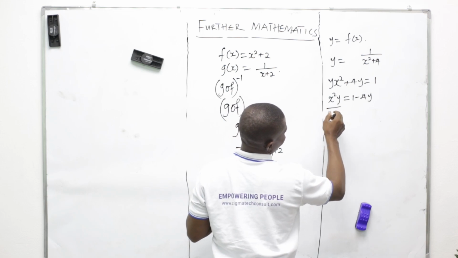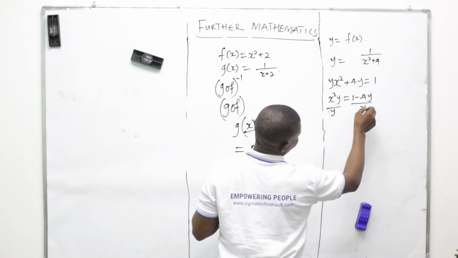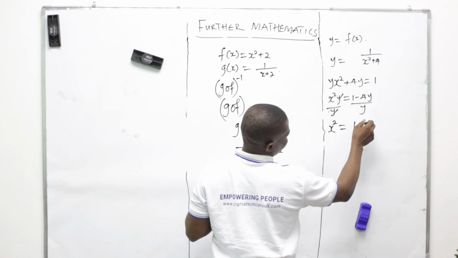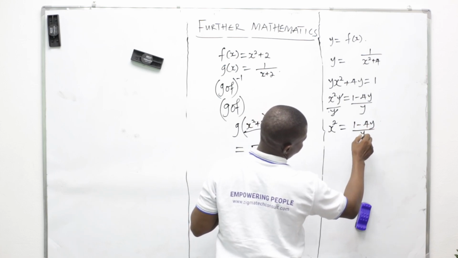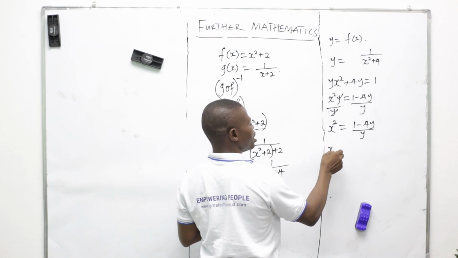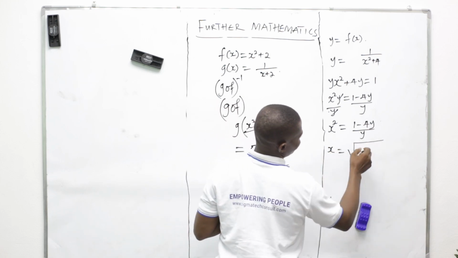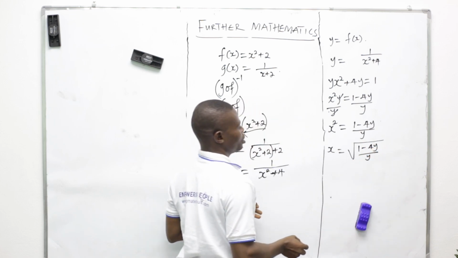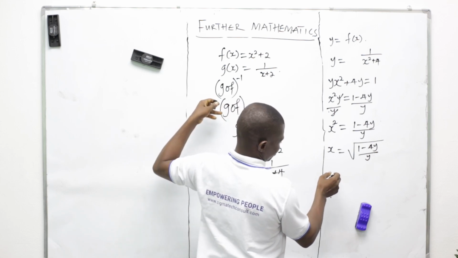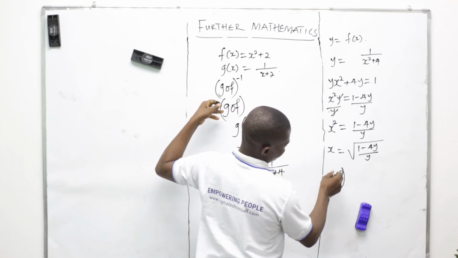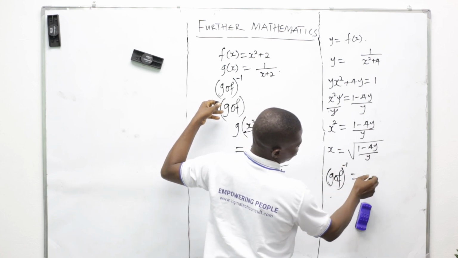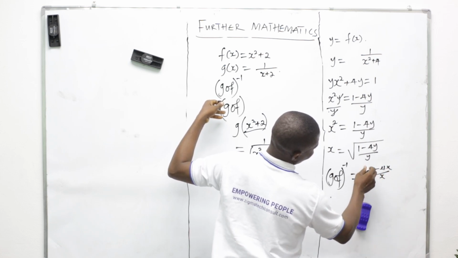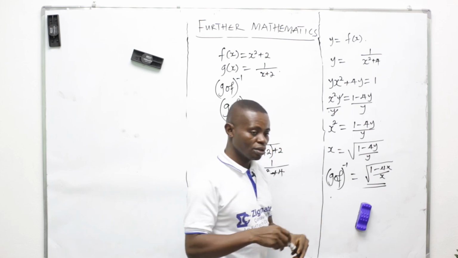So here now, divide through by y, we have that x squared equals 1 minus 4y all over y. Now the real value of x equals square root of 1 minus 4y all over y. Now, the inverse g of f inverse equals 1 minus 4x all over x, all in square root.